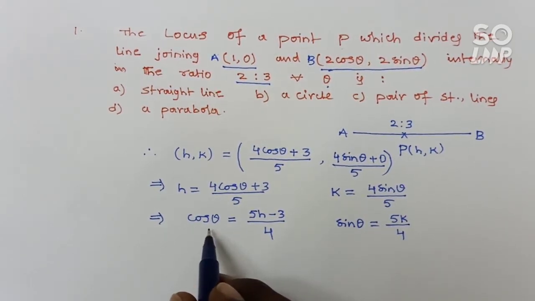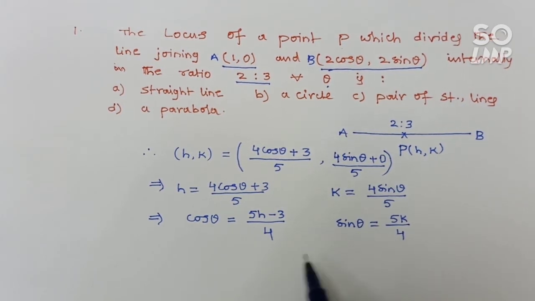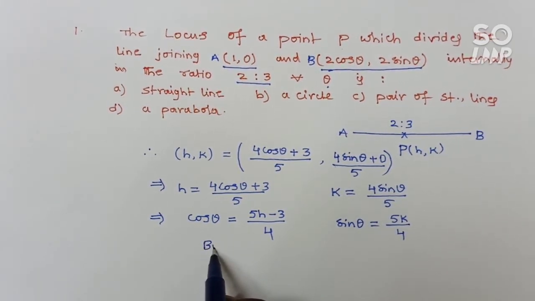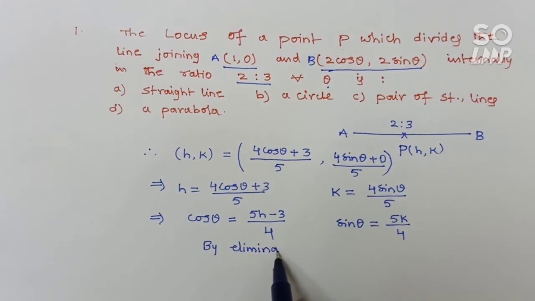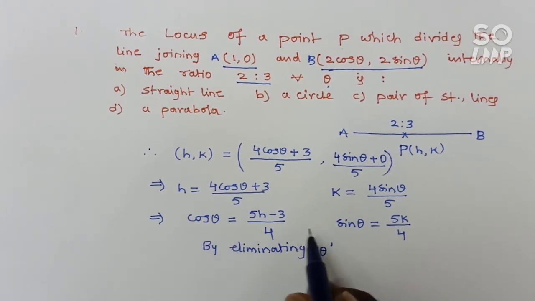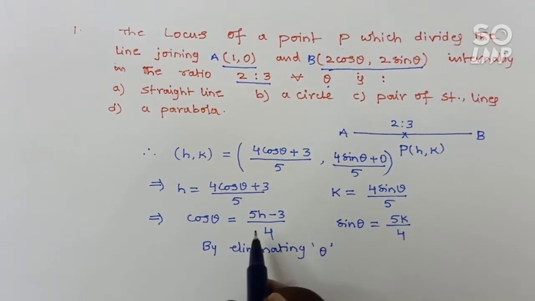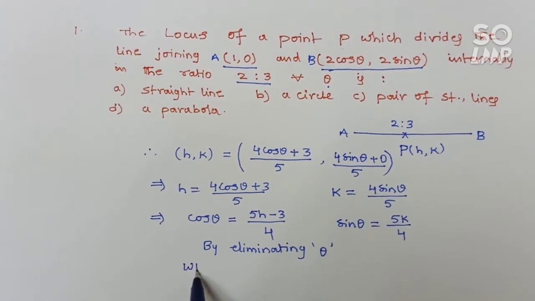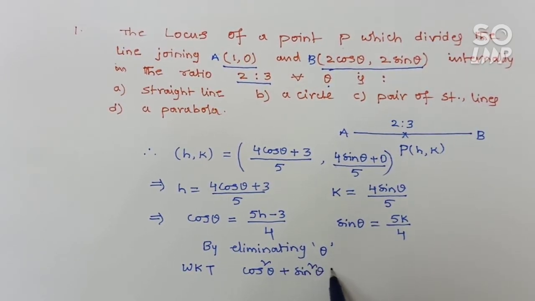Now one equation is for cos theta and the other for sin theta. By eliminating theta, what is the relation between sin and cos? We know that sin square theta plus cos square theta equals 1.